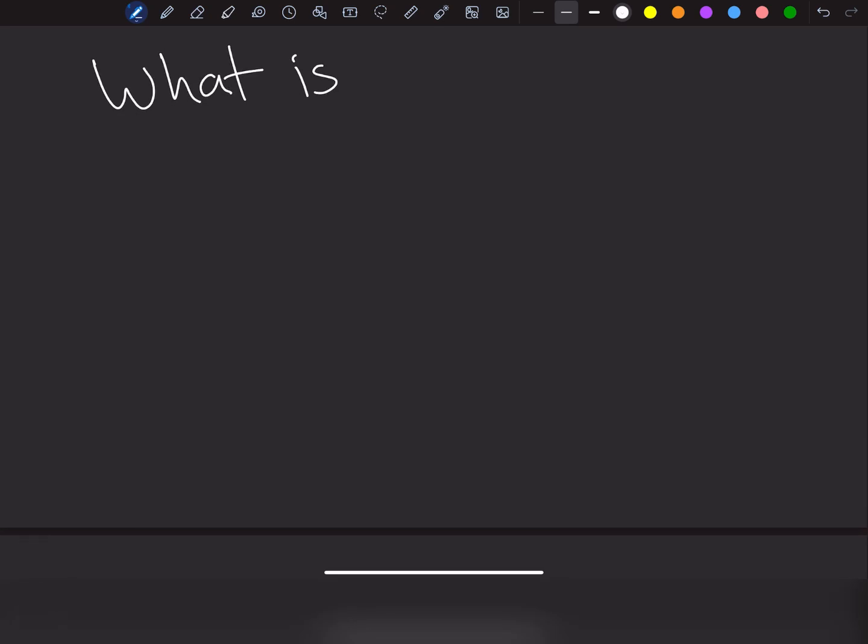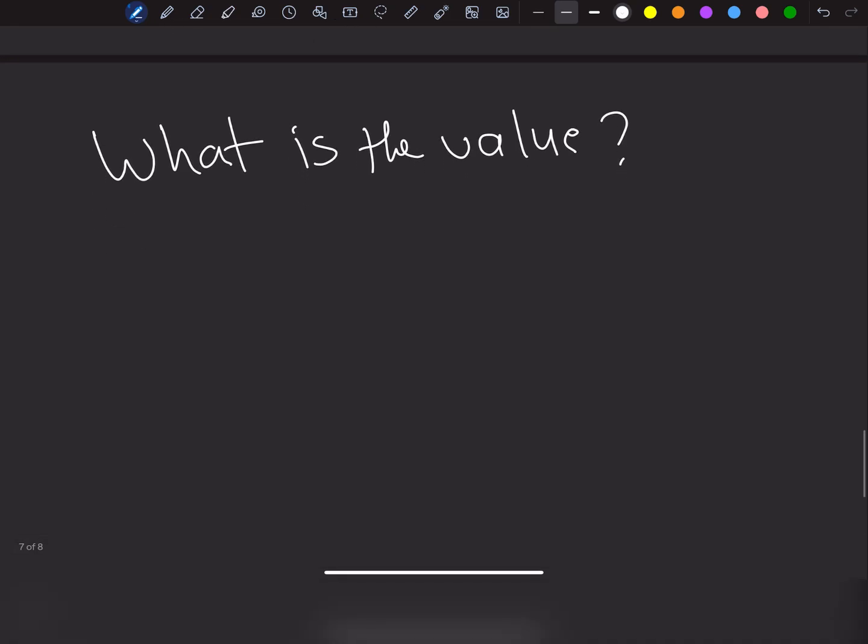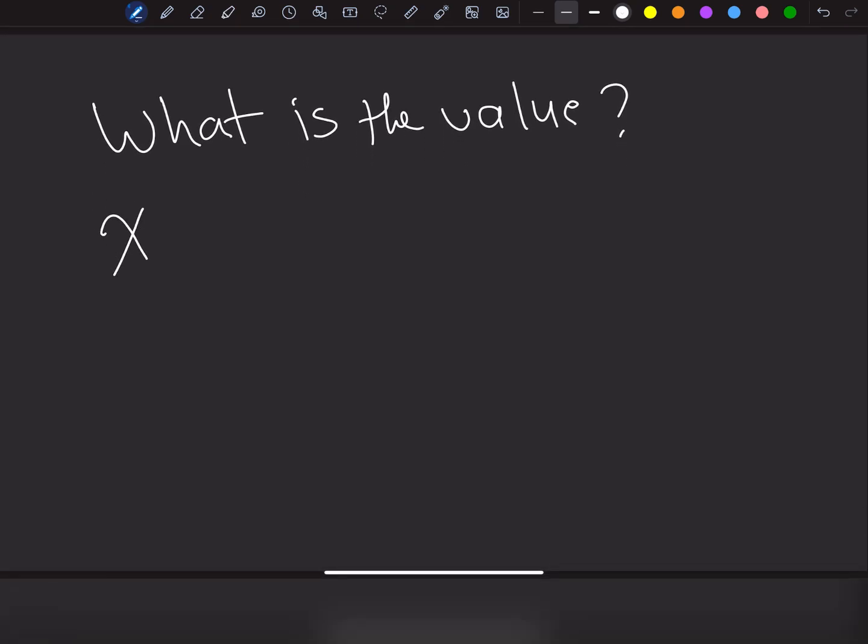That right there is the question. Because a variable is an unknown value. We have no idea what the value of the variable is in algebra.